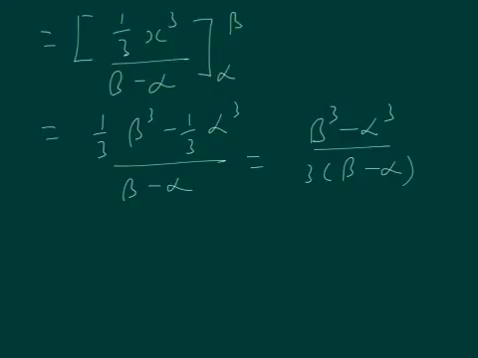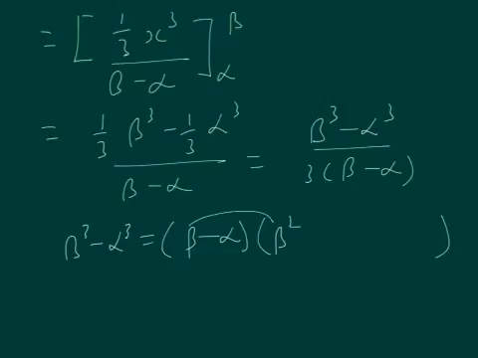Now we can do this exactly. Beta cubed minus alpha cubed equals beta minus alpha, and then see what we need to multiply by to make this correct. So beta times beta squared is beta cubed, but that gives minus alpha beta squared. We haven't got any alpha beta squared, so on this bit here we need to have an alpha beta, so that we get plus beta squared alpha.